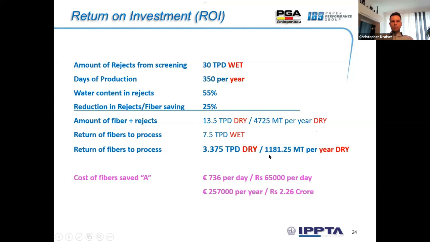This means 1,181.25 tons per year dry back. When we have cost of the fiber, what we have saved, we have 736 per day, or in rupee 6.5 lakh per day.